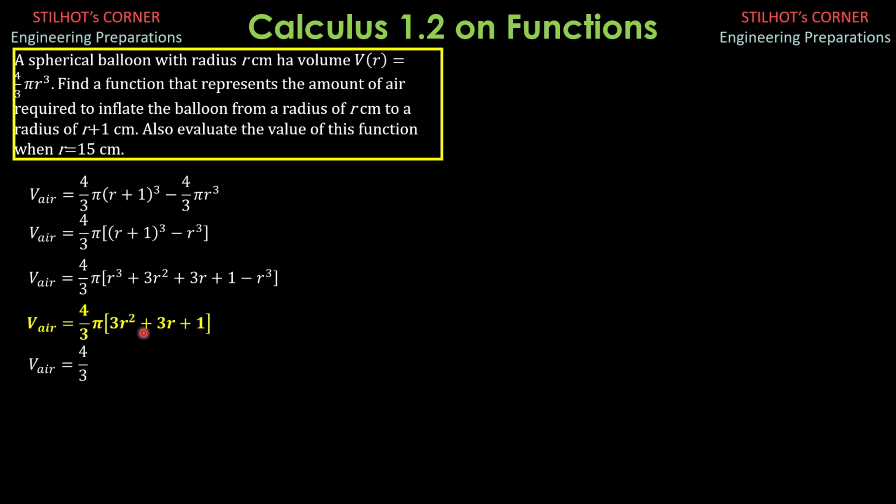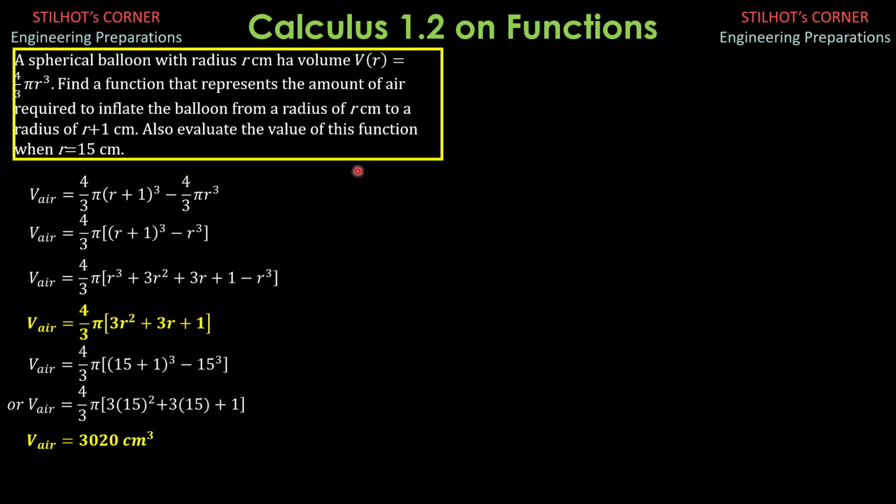So volume of air is 4/3 pi times ((15 plus 1) cubed minus 15 cubed), or simply 4/3 pi times (16 cubed minus 15 cubed), or with the expression here, it is 4/3 pi times (3 times 15 squared plus 3 times 15 plus 1). So both these expressions, these formulas will give us the same value, rounded off to four significant figures: 3020, or 3020 cubic centimeters.